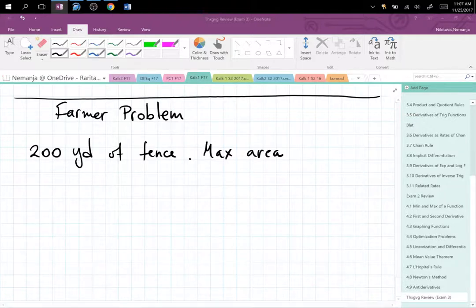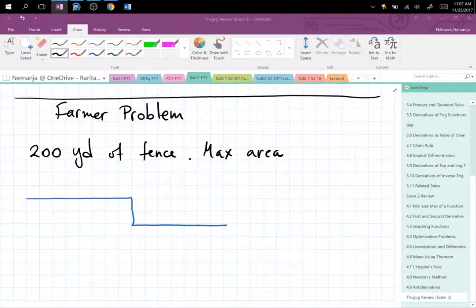Because we've seen the cheap configurations earlier. So let's say that the neighbor's property goes this way. That's a neighbor.